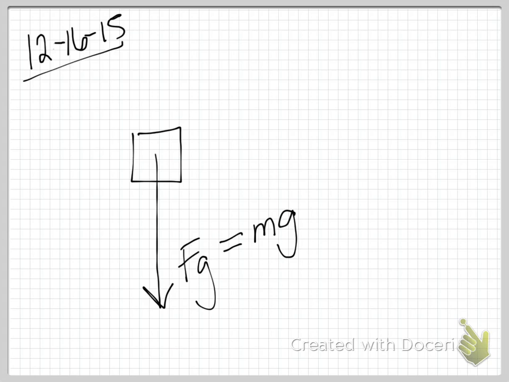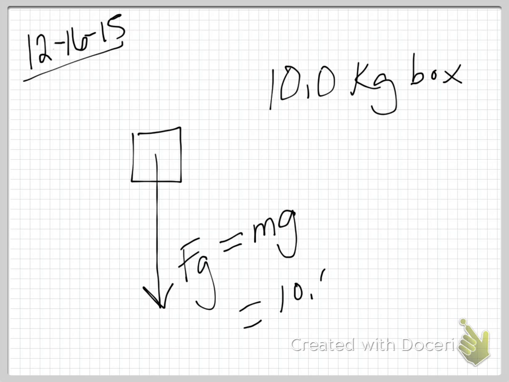Okay? So if you have an object, if this is a 10.0 kg box, the force of gravity on this box is equal to 10.0 kilograms times negative 9.81 meters per second squared.